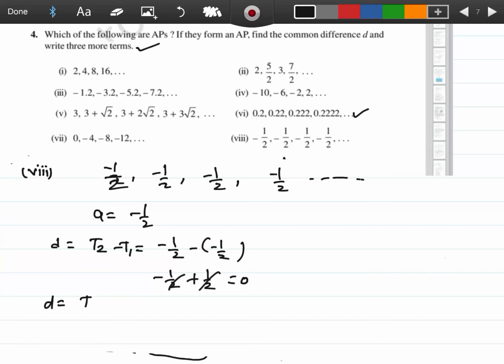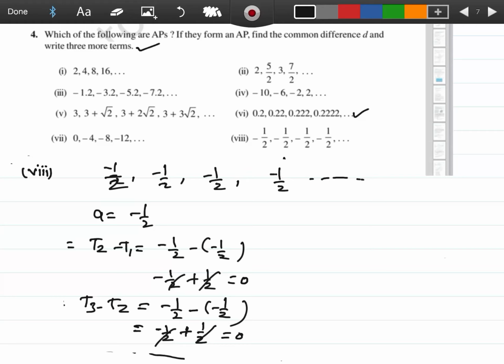Now D is equal to T3 minus T2, that is -1/2 minus (-1/2). यहाँ पे नेक्स्ट टर्म हम माइनस कर देंगे, T2 माइनस T1, T3 माइनस T2. T3 आपका -1/2 है और T2 है -1/2. ब्रैकेट ओपन होगा, +1/2 हो जाएगा, अगेन ये कैंसिल होके, तो आपको दिख रहा है यहाँ पर कि D हर बार सेम मिल रहा है.